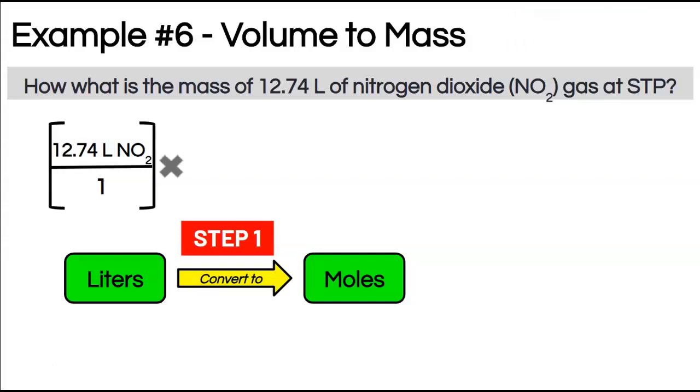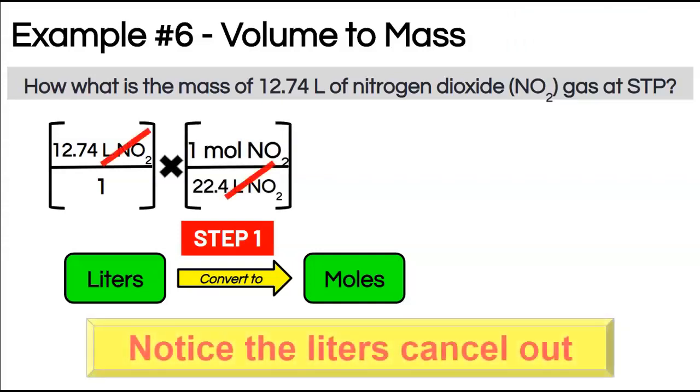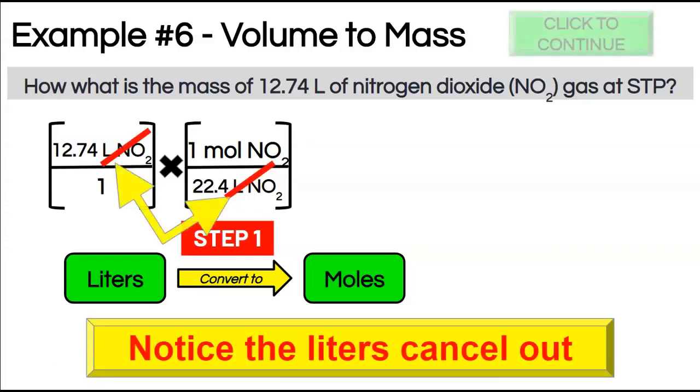I know that 1 mole is equal to 22.4 liters. The liters go on bottom so that they cancel out, and that leaves the mole on top. So that is step number 1. It's just like last week, convert to the mole.